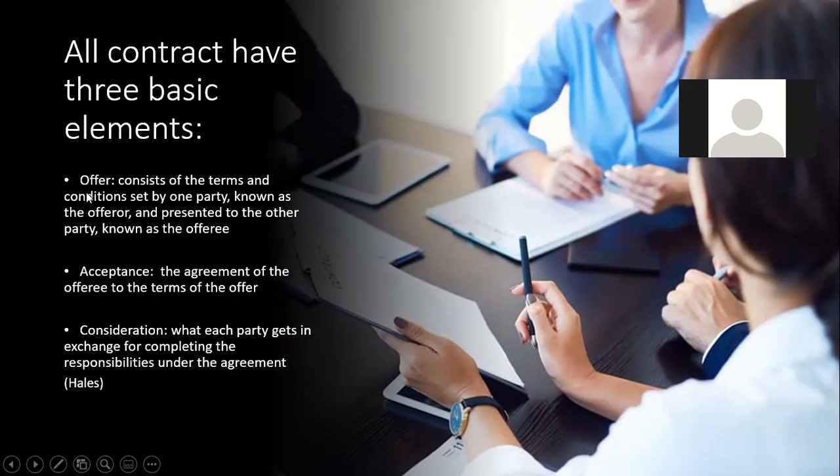So there has to be a formal offer happening. And then there's acceptance. So the offeree has to accept whatever the conditions are. And then there's consideration. And that's what each party gets in exchange for completing the responsibilities under the agreement.